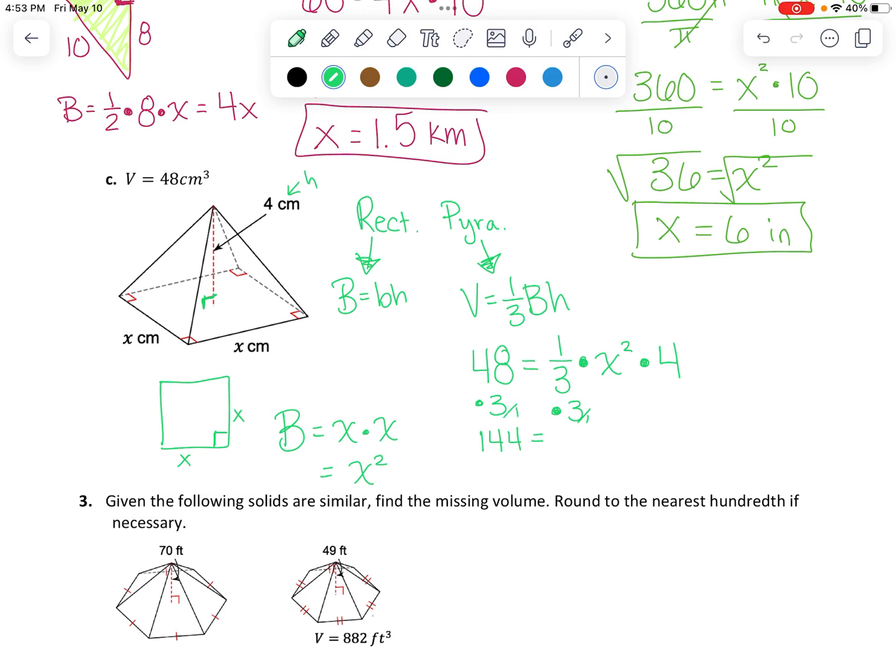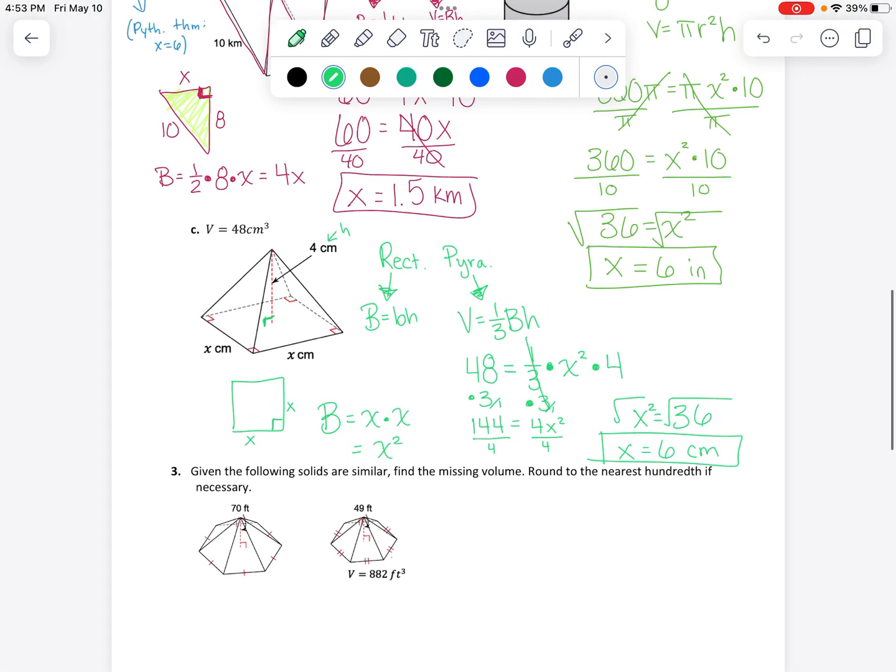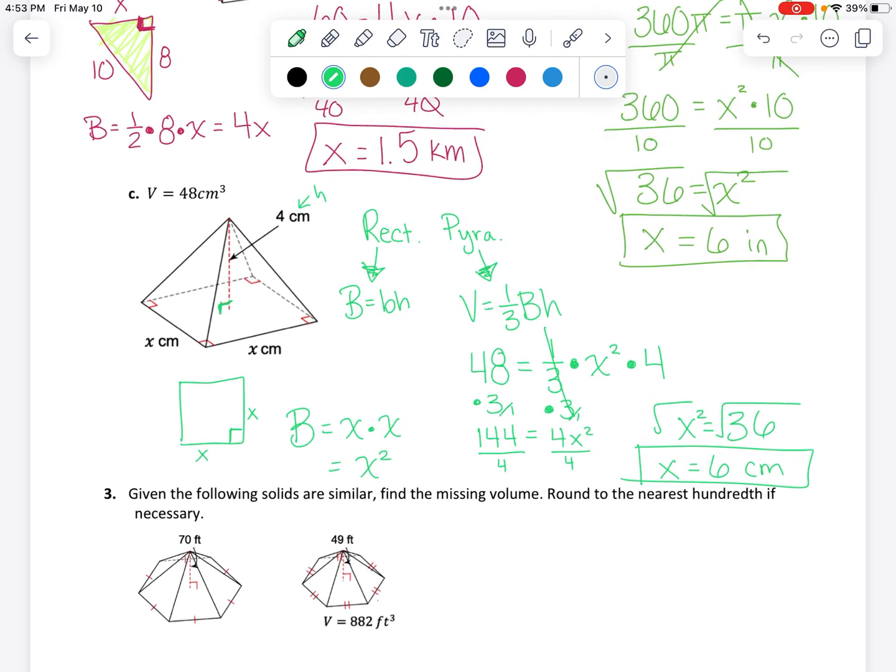It's 3 over 1, does the same thing. That goes away. I'm left with 4x squared. Make sure you're dividing by the 4. You got to get the x squared alone before you start taking any square roots. 144 divided by 4 is 36. Square root, and x is 6 centimeters. My goodness. So many 6s.